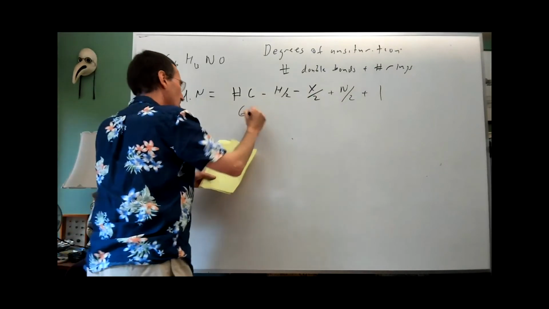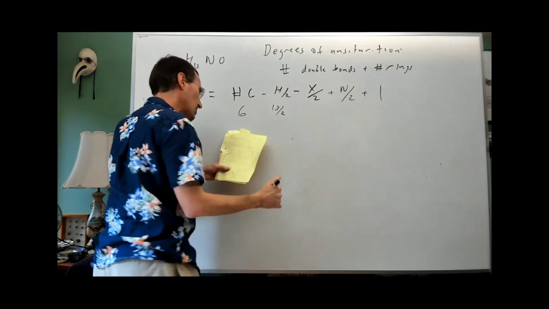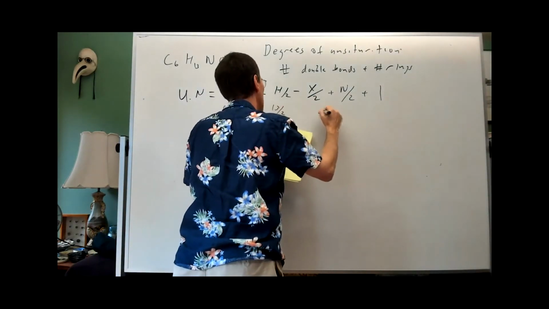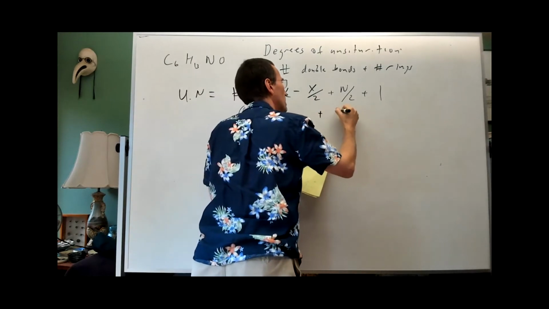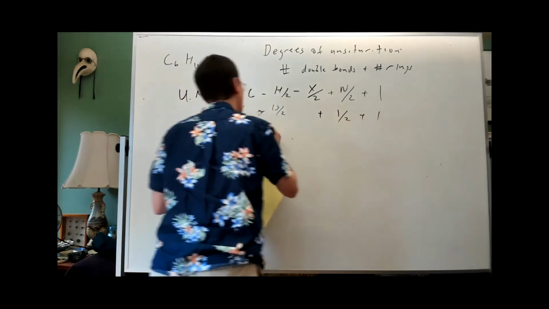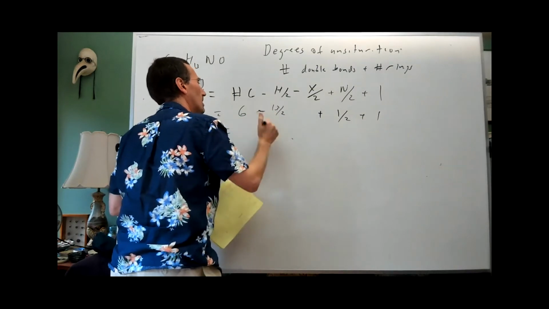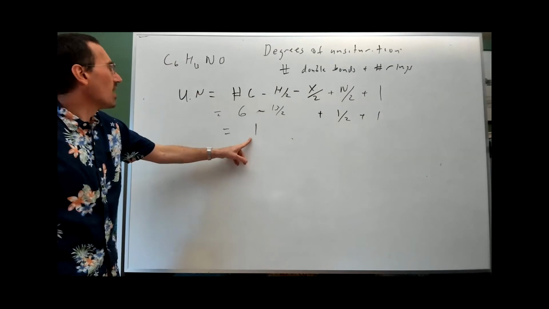And you could say, okay, we have 6 carbons, minus 13 divided by 2 hydrogens, no halogens, 1 nitrogen divided by 2, plus 1, and you come out with equals 1. Personally, I never can be bothered with this.